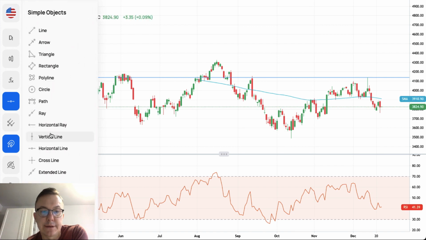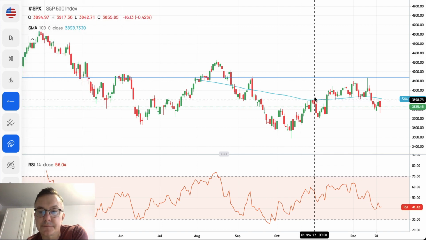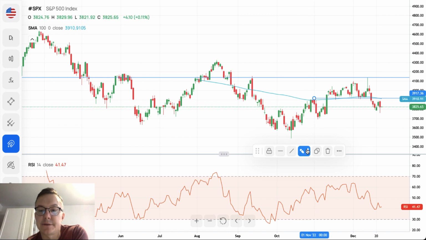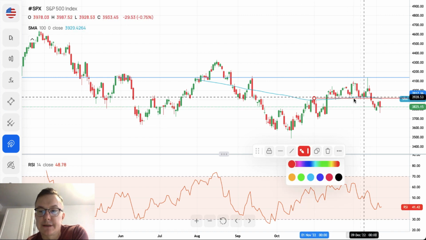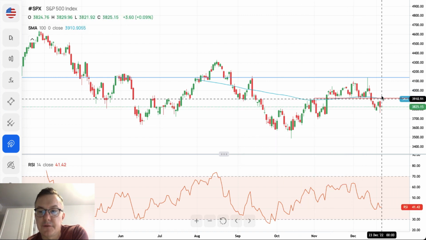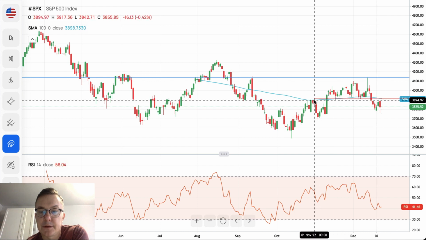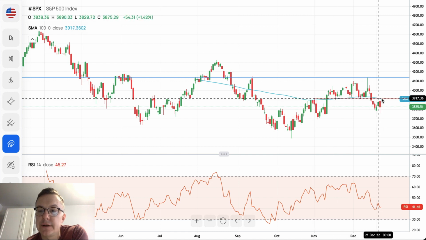We have this local technical resistance right now, so we should expect this market to test this level 3,917. It's just at the level of the 100 days moving average.